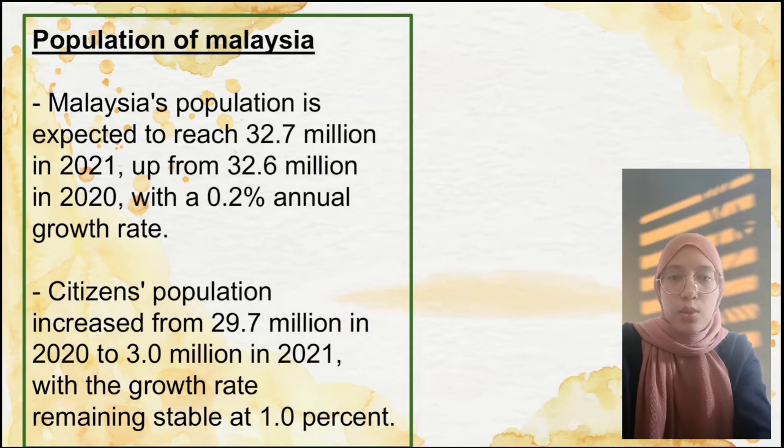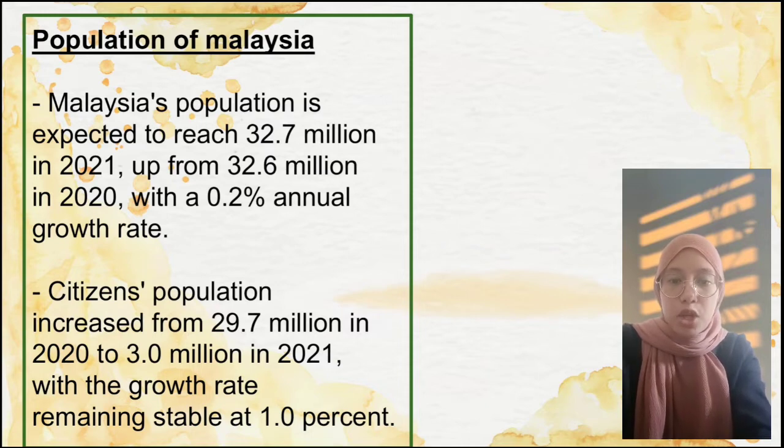The lower number of non-citizens, from 3 million in 2020 to 2.7 million, contributed to the decrease in the percentage of population growth rate in 2021. This was consistent with the closure of national borders and the return of foreigners to their respective countries during the movement control order imposed in response to the global spread of the COVID-19 pandemic.